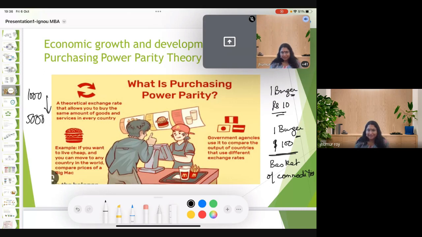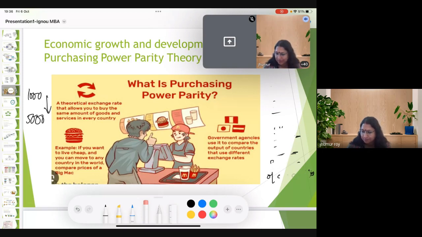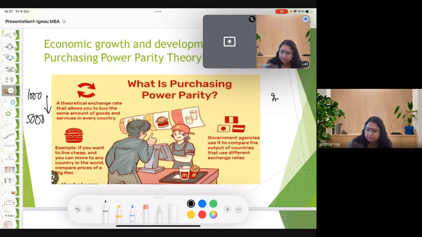And a little later down, I will also talk about the inflation conditions. So you'll find that it happens very differently. Let me give you a better example over here. So when we talk about basket of commodities, it means number of goods taken together. So suppose I say that in India, you buy something which is costing you rupees 1000.